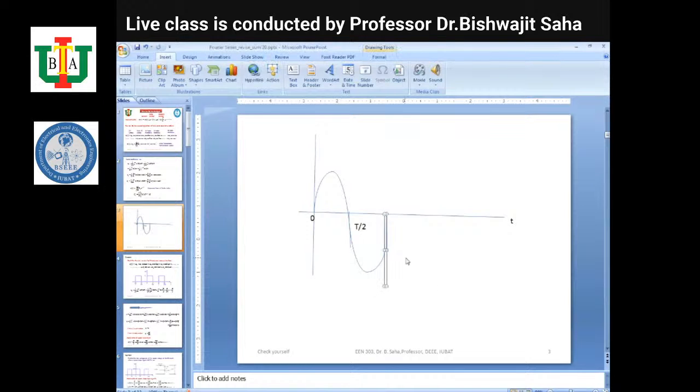Although it's not perfect, you can think this going to be connected here.